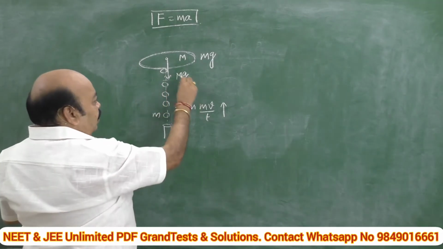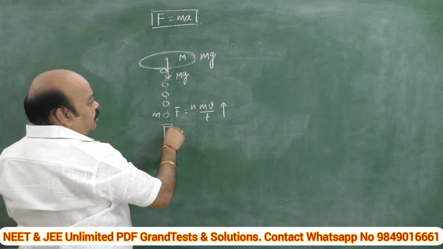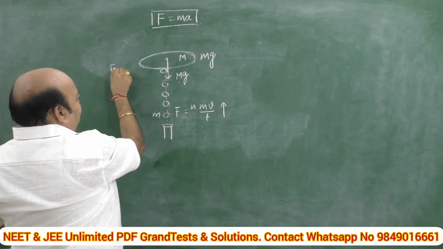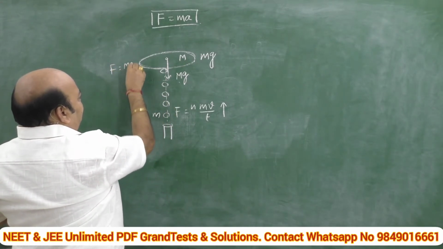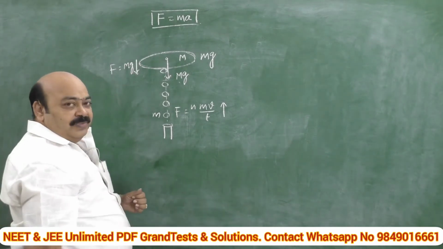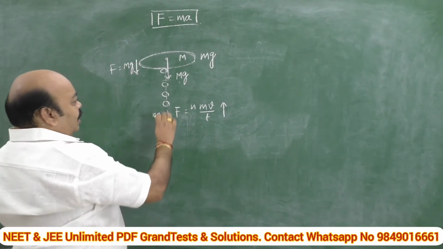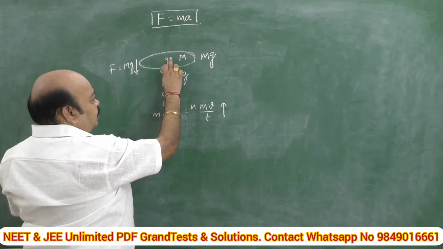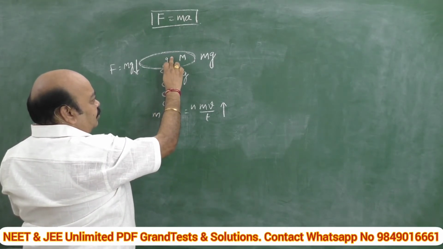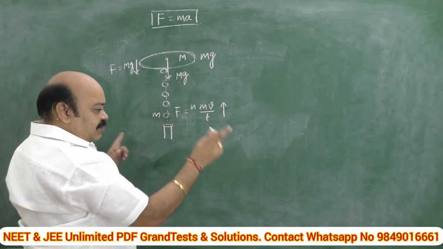Right? Now what is the force acting vertically downward? Vertically downward force is mg. Now we can adopt Newton's law very comfortably. The force exerted by the sphere on the plate is action, whereas the force exerted by the plate on the sphere is reaction.